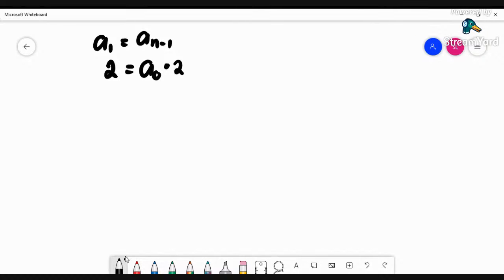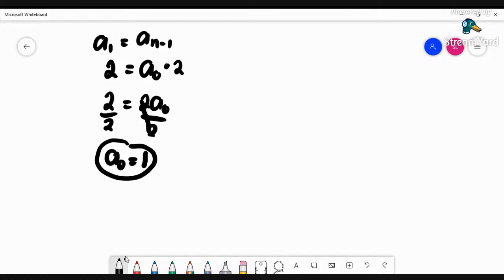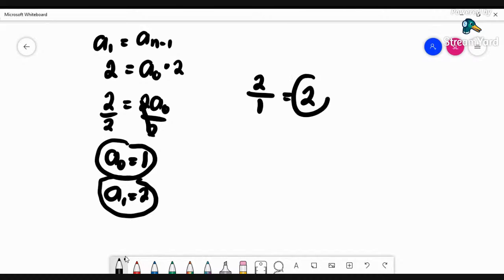So 2 equals 2 times a sub 0. Divide both sides by 2. Our a sub 0 is equal to 1. Okay, a sub 0 is equal to 1, and so our a sub 1 is equal to 2. This is just for the sake of solving. So 2 divided by 1, the answer is 2. This will be our common ratio.